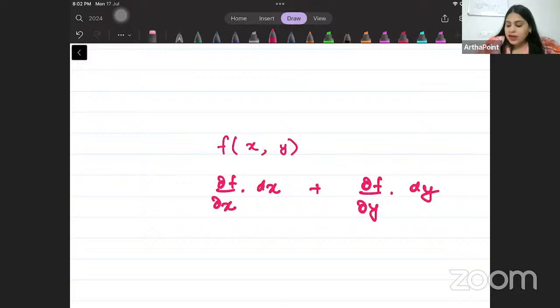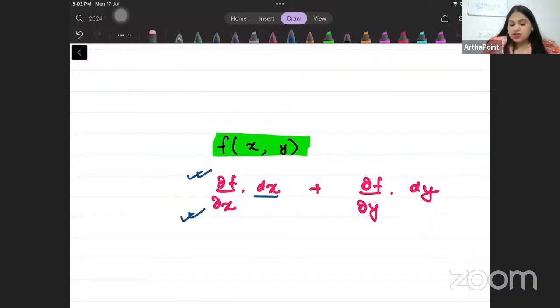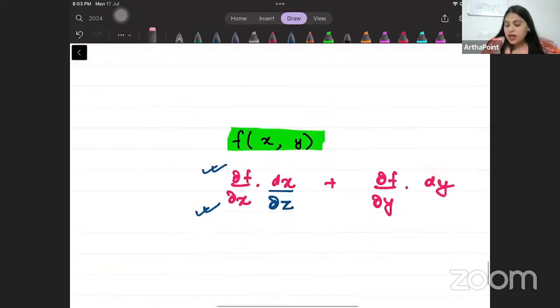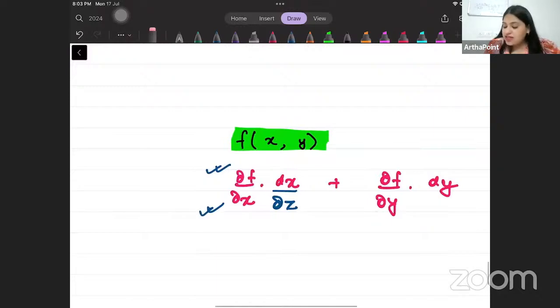Now, if I ask you to differentiate this function with respect to a new variable z, how will you differentiate it? You will tell me how function changes as x changes and how x changes as z changes. How function changes as y changes and how y changes as z changes. This is applying the chain rule.